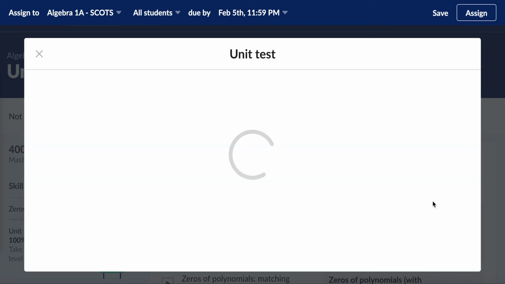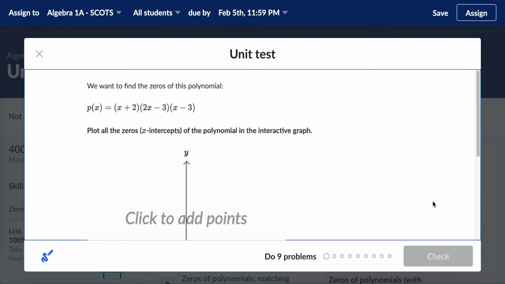Okay, so our first question here on the unit test is all about adding points based on a polynomial equation that is given in factored form. So I want to find the zeros first of all. The way to find the zeros is to consider that this polynomial is going to be 0 if any of these terms are 0.